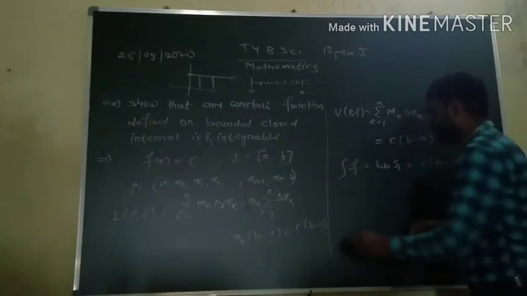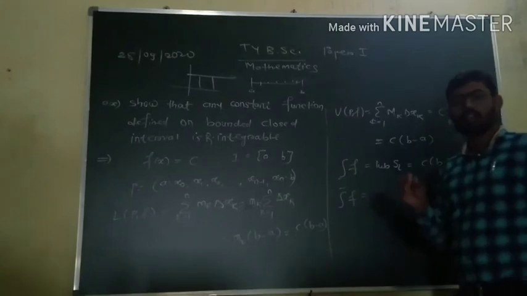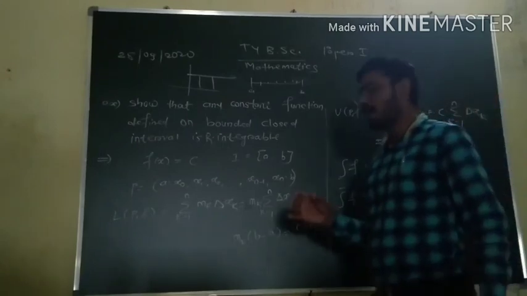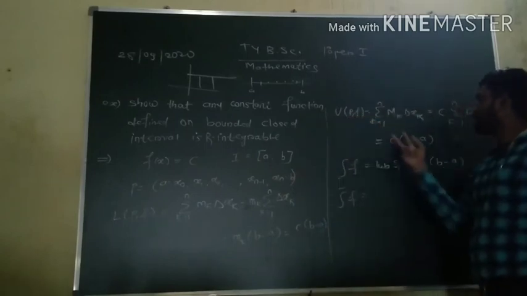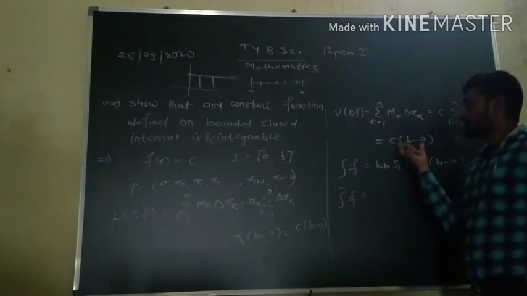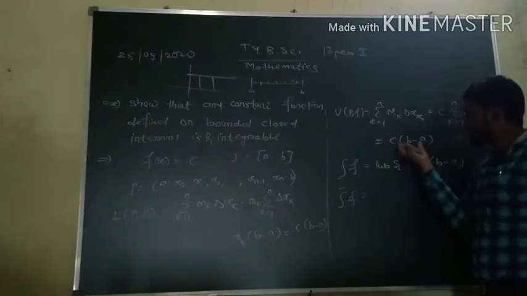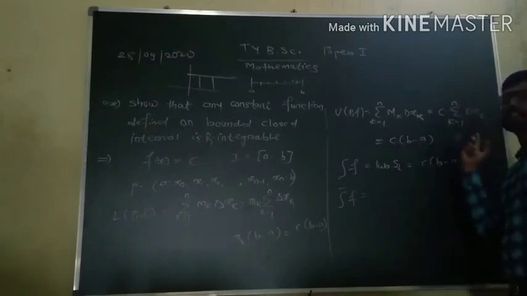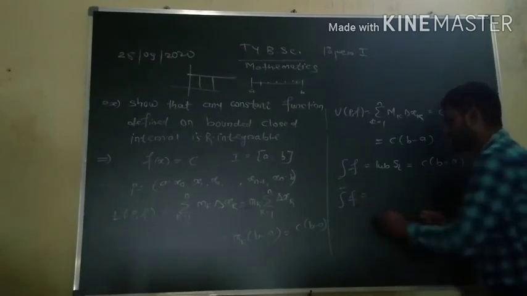Now the upper integral. The upper integral is the greatest lower bound of the set of all upper sums. Each upper sum is fixed at c into b minus a. So the set SU, the set of all upper sums of the function f, has the fixed element c into b minus a.